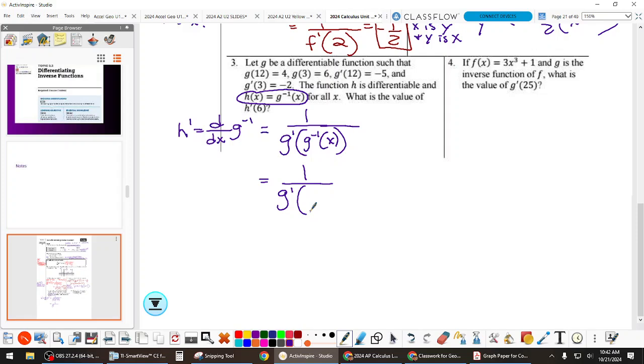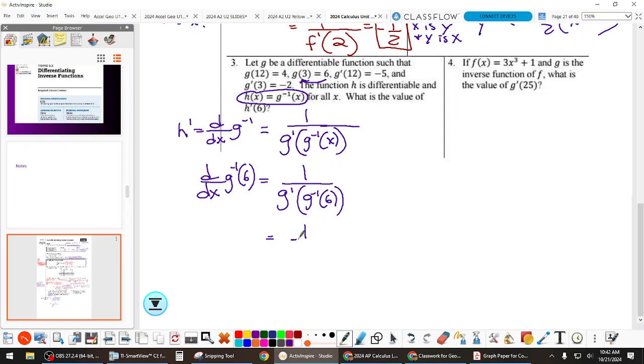All right, so G inverse, again, you have to look at this going backwards. So we're at 6, so we need to plug in G inverse of 6. So we need to look at 6 and pull the x coordinate for that.